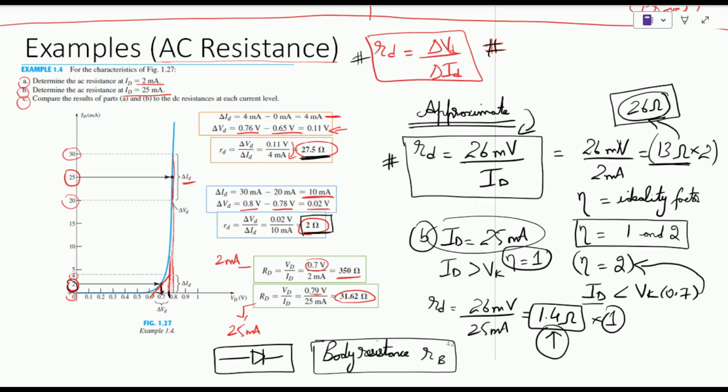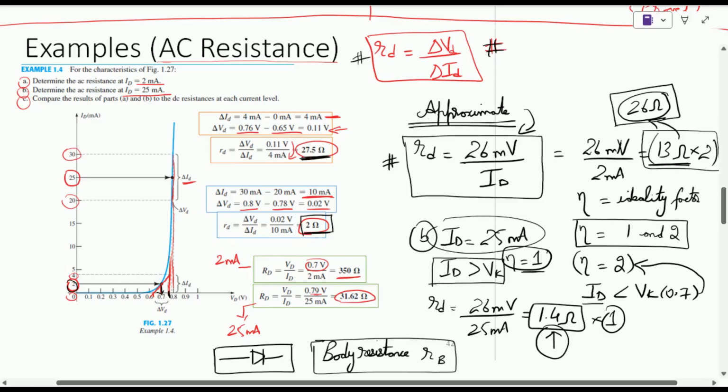You multiply by eta equal to 1 if the voltage is higher than the knee voltage, and if it is less than the knee voltage, then you multiply your output by 2, as we saw over here. So this is how to use the approximate equation to find the AC resistance of the semiconductor diode.